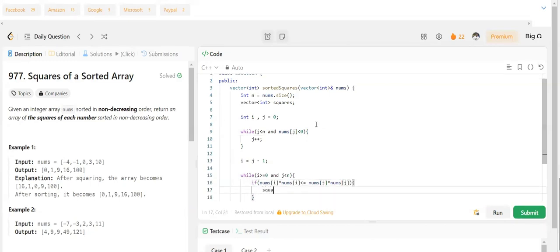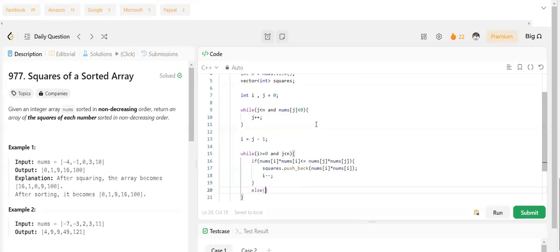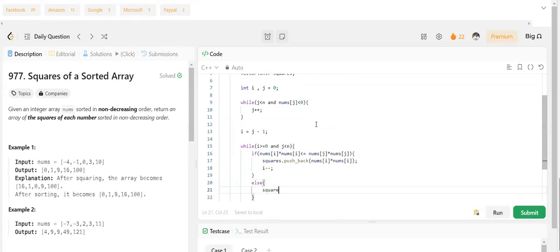So we will push the square of the negative number and decrement the counter by 1. Else we will push the square of the positive number and increment the pointer by 1.